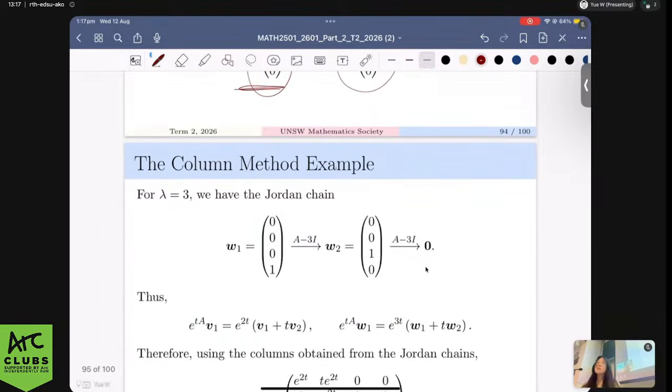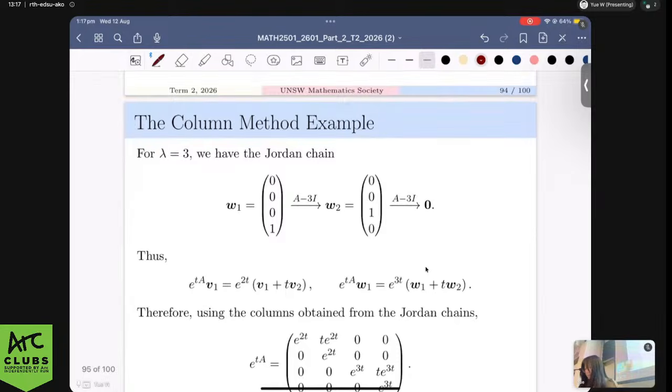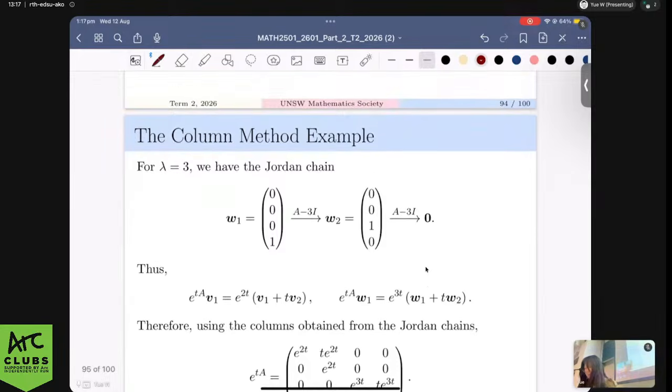And then you also do the same thing for lambda equal to 3. Once again, the same concept. We start with some vector 0, 0, 1, you apply your A minus 3I to the vector, and you should be able to get this. And once again, because the block is 2 by 2, if you apply it again, you should just get 0.